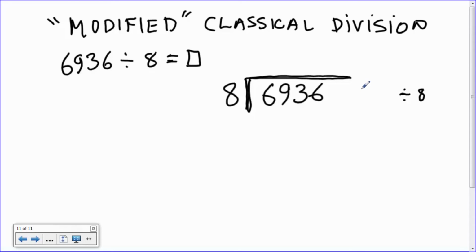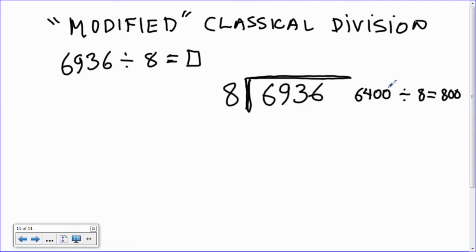Well, it looks to me like 6,400 is a very nice number relative to division by 8. So 8 fits into 6,400 800 times, because I could write 64 as 64 times 100.